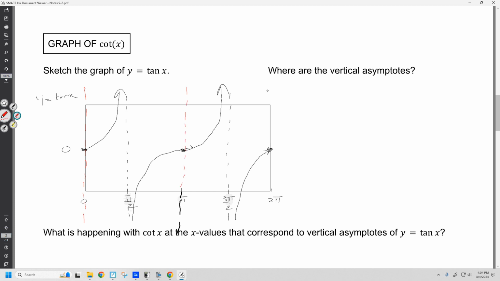And I will highlight this so we can see the difference. Here is now vertical asymptote, vertical asymptote, vertical asymptote. Here's a new one. Flip a vertical asymptote, it turns into a 0. Okay, well now we have a 0 here and a 0 here.